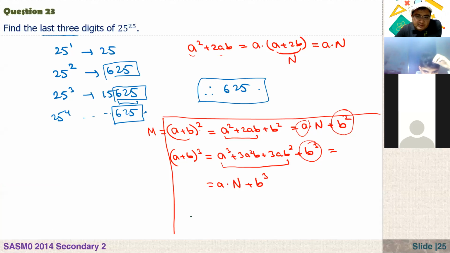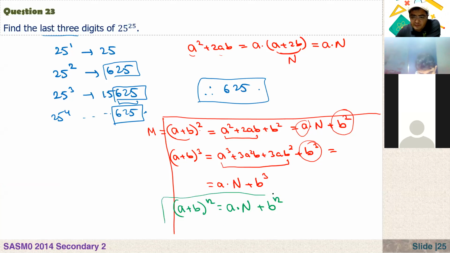In general, I'm saying it is true. I can prove that, but now you don't have to know that much proof, because it takes time. Later, I can show the truth. In general, if you are given a plus b to the power of n, where a and b are whole numbers and n is also a whole number, I can always write it as a times some number, plus b to the power of n.